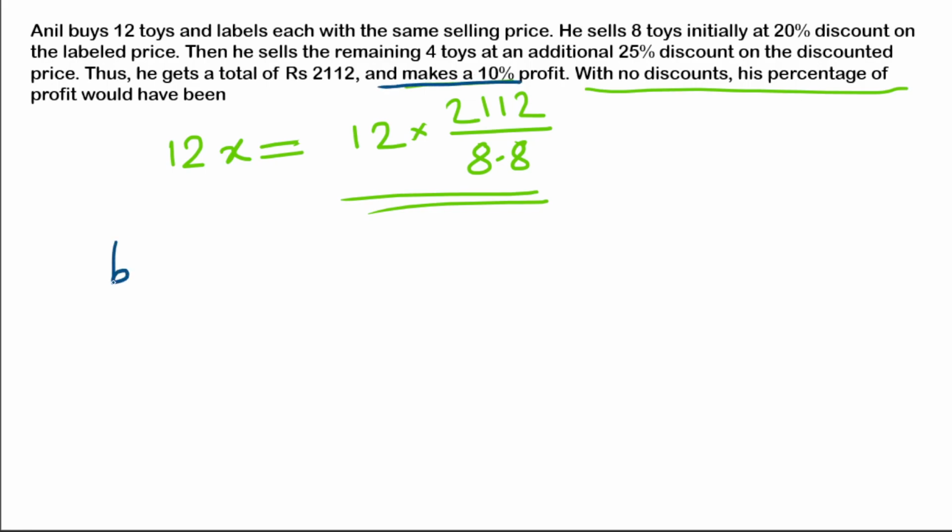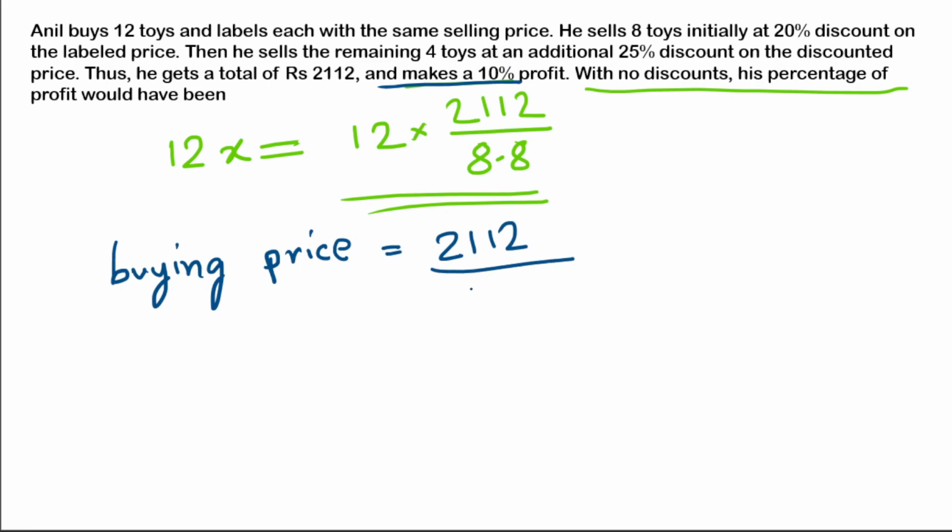So he made a 10% profit. So I am calculating his buying price. Buying price is going to be 2112 by 1.1, right? This is his buying price. Now on this buying price, how much would he have gained? So how do we calculate that?